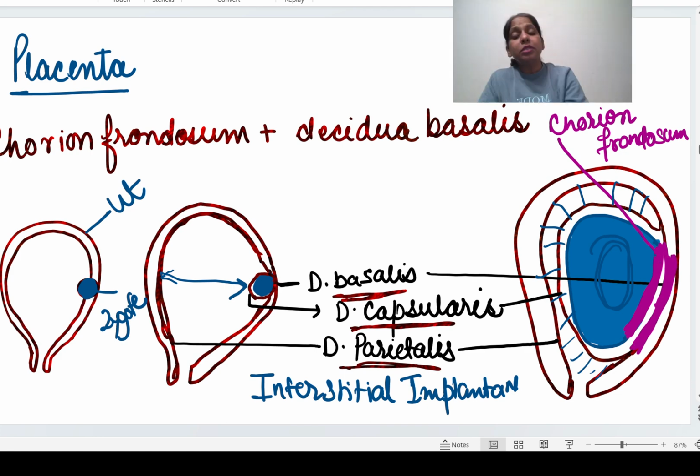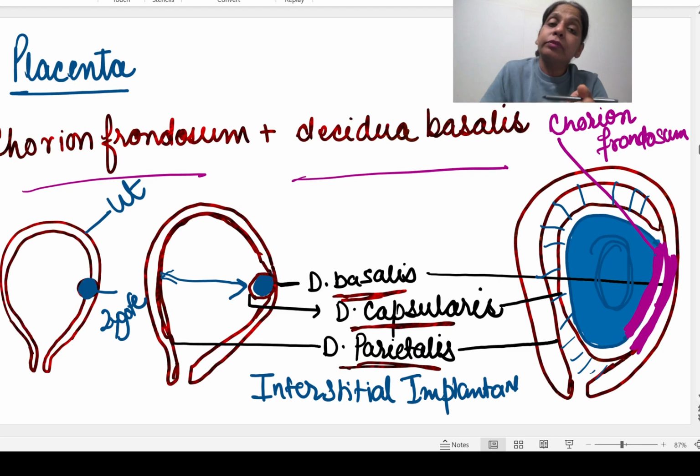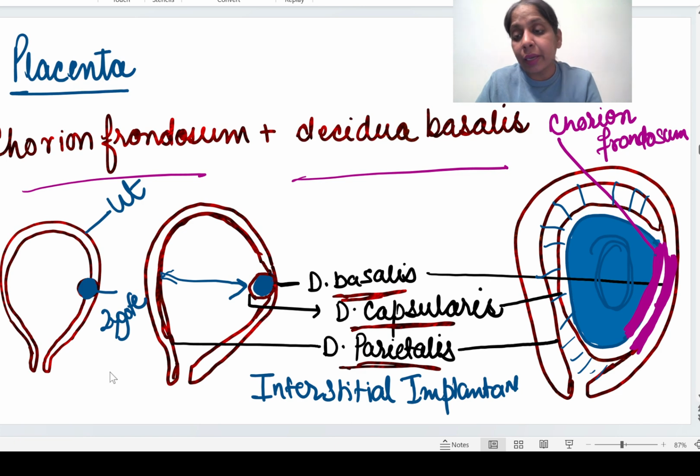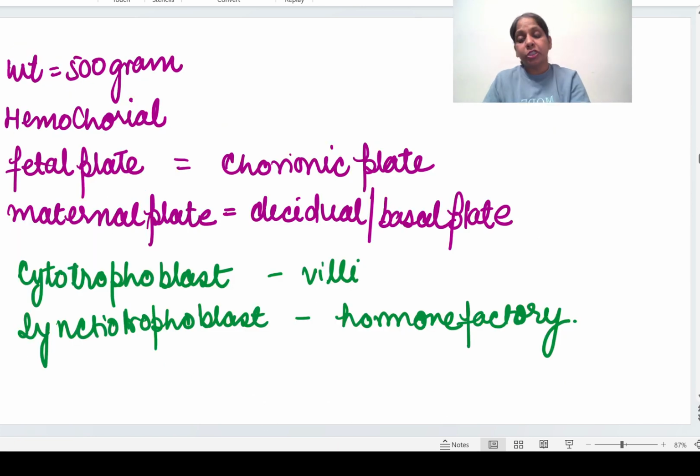So this chorion frondosum and the decidua basalis are the two structures which make the placenta. Chorion is the fetal part and the decidua basalis is the maternal part. I hope I made it clear, and now you also know what is interstitial implantation.